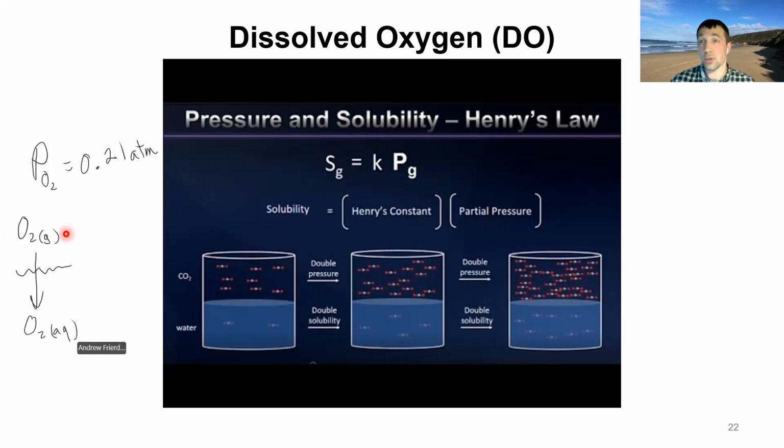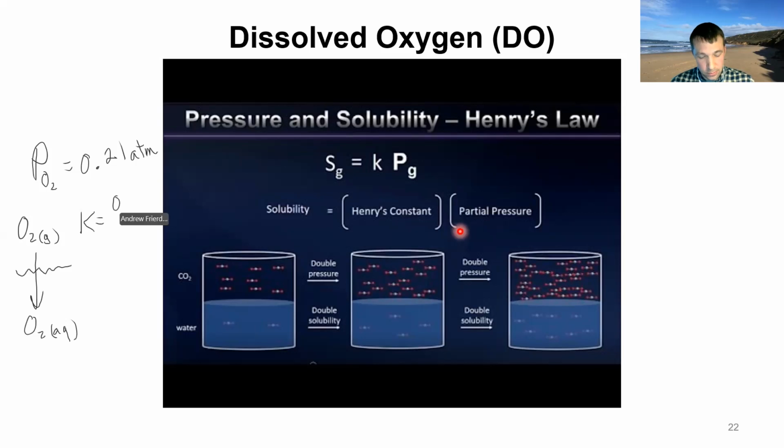Once oxygen dissolves into the water, it's oxygen aqueous, which we abbreviate as AQ, and gas we abbreviate as G. For this reaction, we can write an equilibrium constant, which is the concentration of product over reactant.